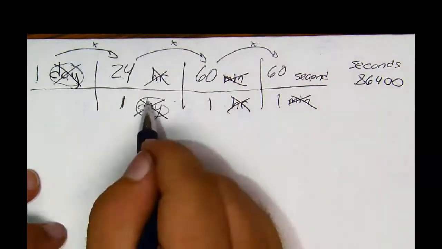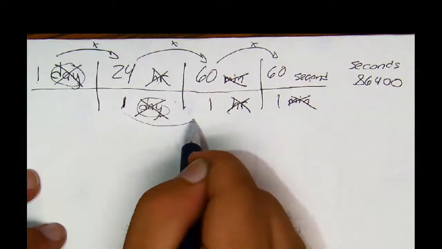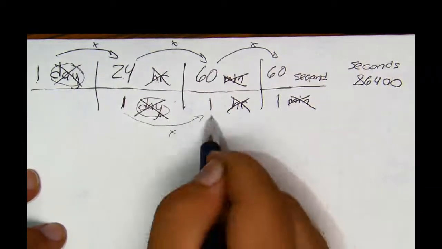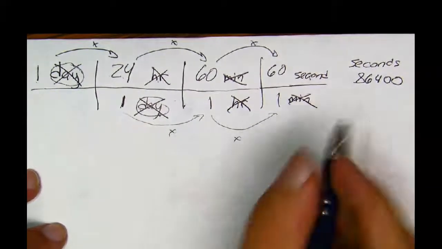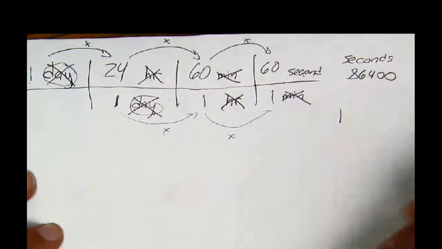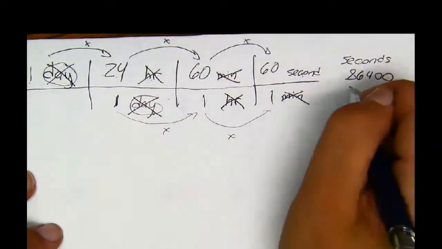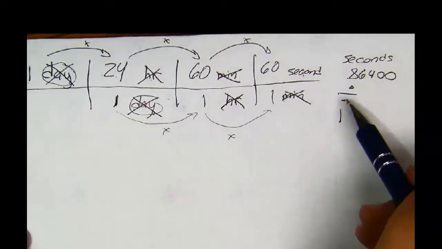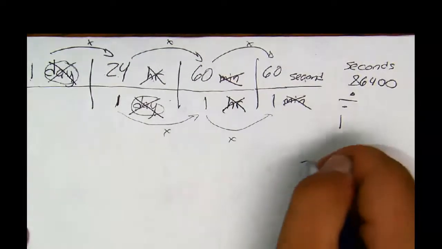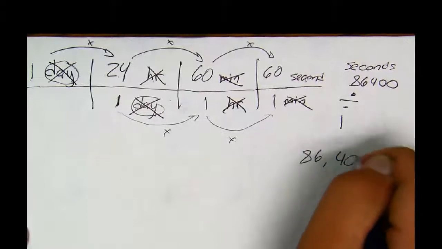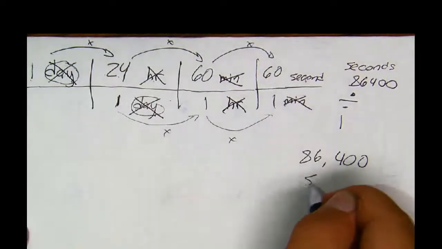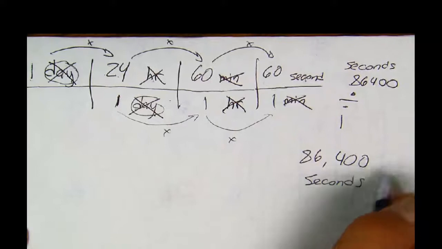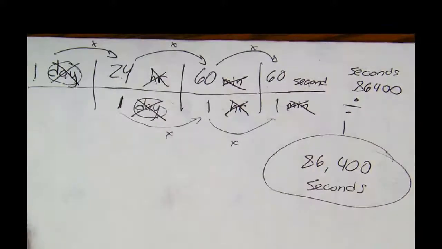And now you multiply everything on the bottom. 1 times 1 times 1, which is just 1. And you divide those two. So you do 86,400 divided by 1, which is 86,400 seconds. That's your answer. So that's dimensional analysis.